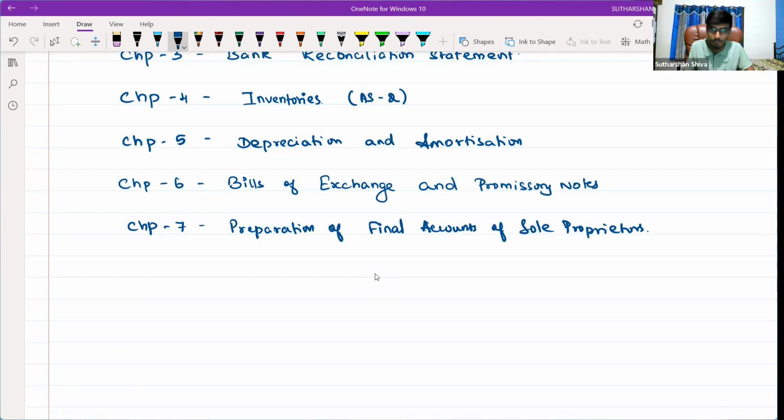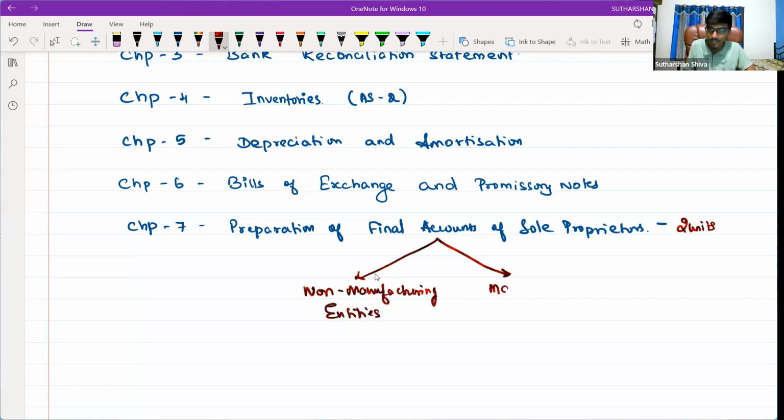You are going to prepare this. In this, you have a comprehensive 2 units. These 2 units have been divided into non-manufacturing entities and then manufacturing entities.